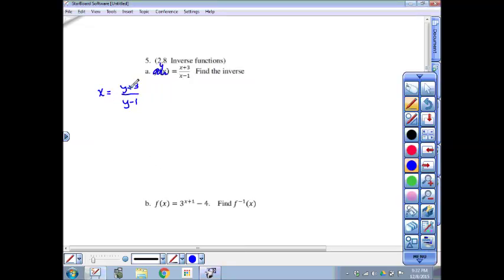So now when we try to solve for y, we have a problem here. We have 2 y's. So first we need to undo this fraction. So I'm going to multiply by y minus 1 on both sides. And then I'm going to distribute the x.